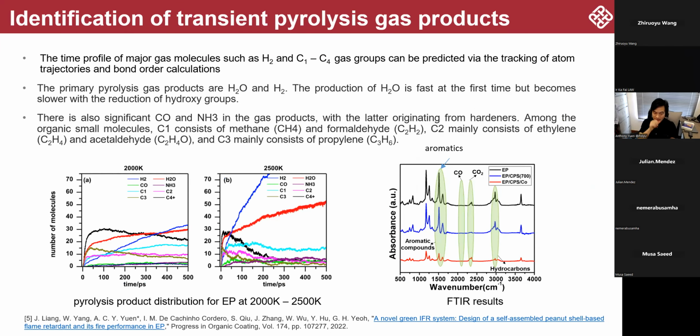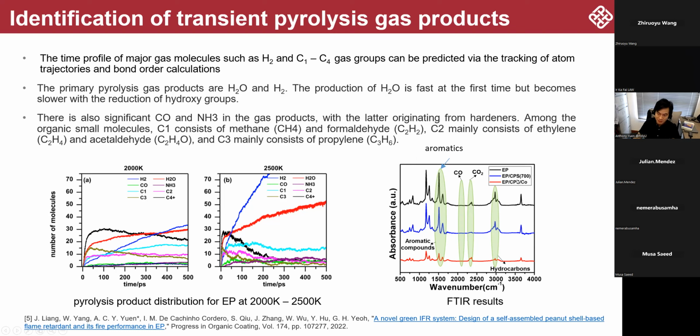So here are some of the results we can identify as the so-called flame retardant mechanism. And again, the details are published online in this paper itself. When we look into the pyrolysis product distribution of epoxy, we can identify different polymer hydrocarbon molecules, and we can identify, even to some extent based on the FTIR, how much CO and CO2 are formed in these materials.